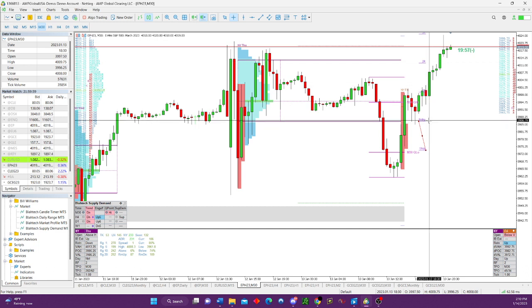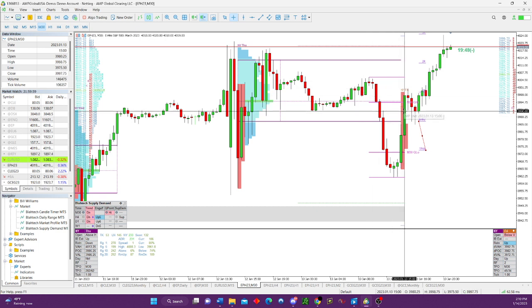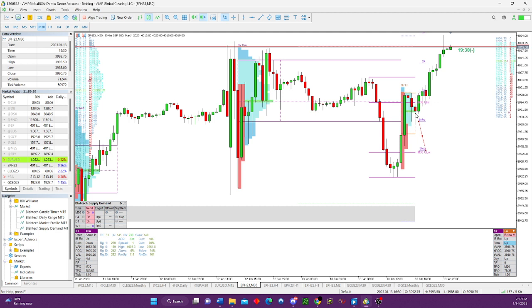You would always want to long as close to the value area low as possible. So I saw this candle close, I was like, okay, now it's time to start looking for this trade entry. Price took about an hour and a half to give me that entry that I was looking for at value area low.